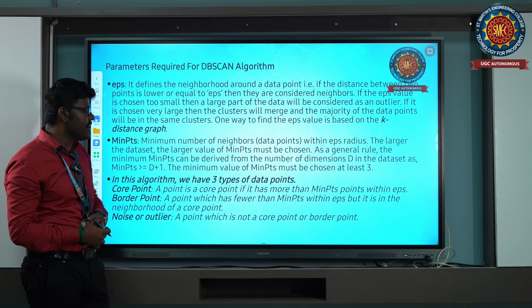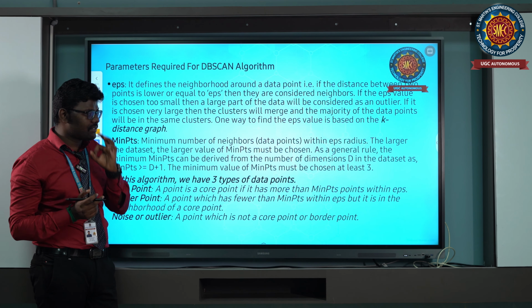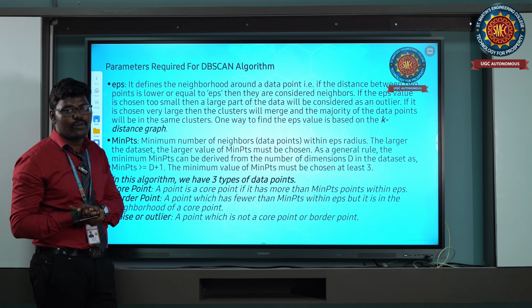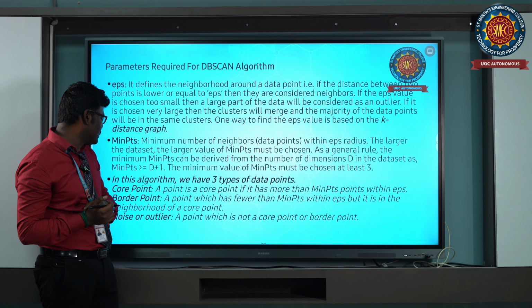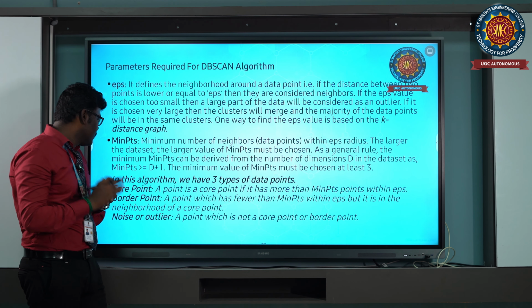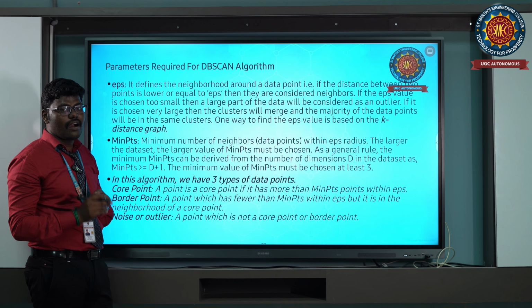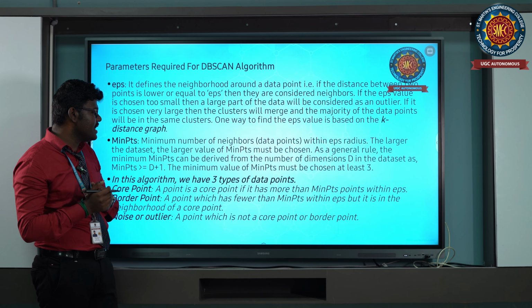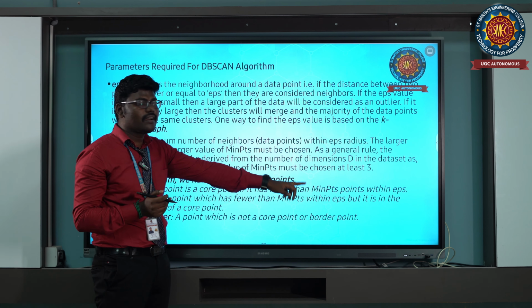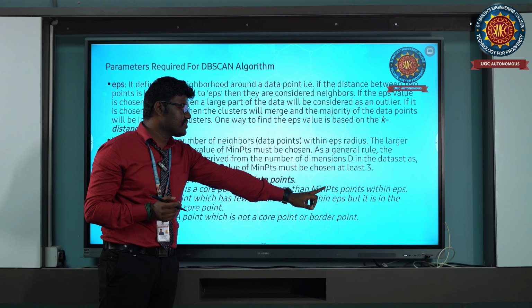So in this algorithm, we have to follow three types of data points: core point, border point, and noise point or outlier point. What is a core point? A point is a core point if it has more than minimum points within the epsilon.